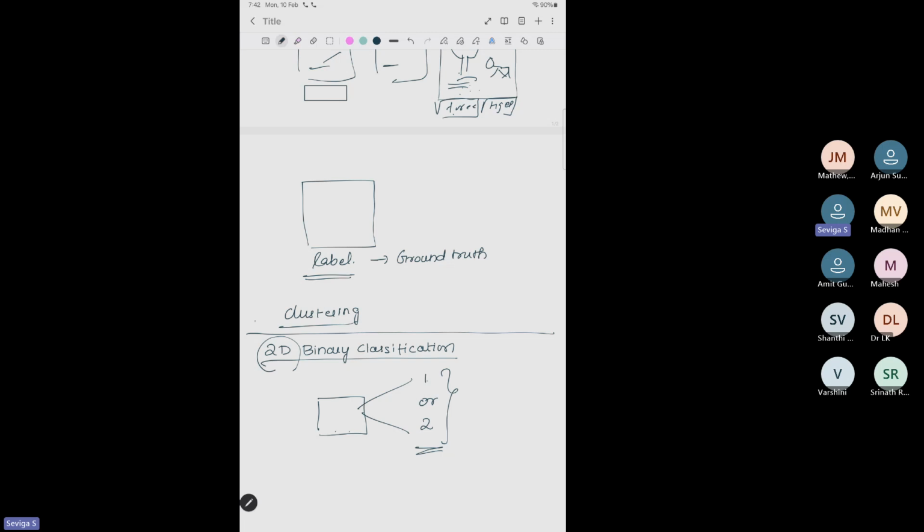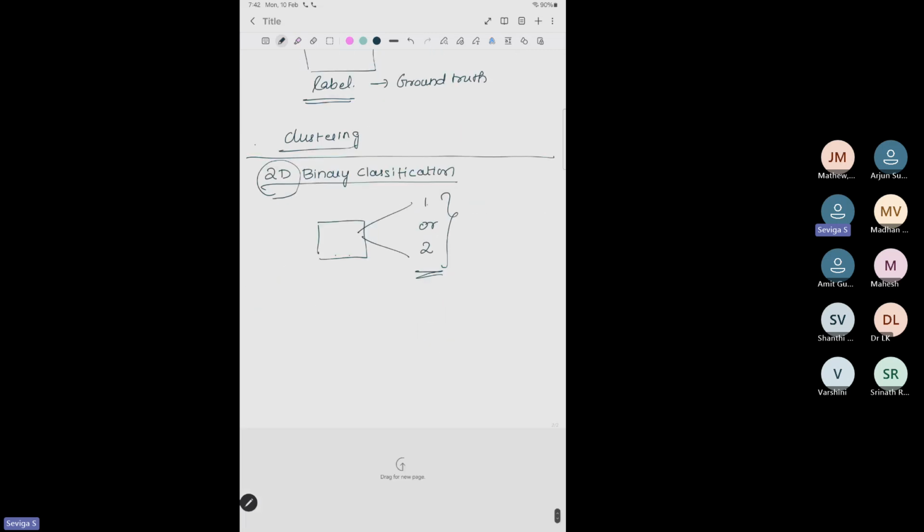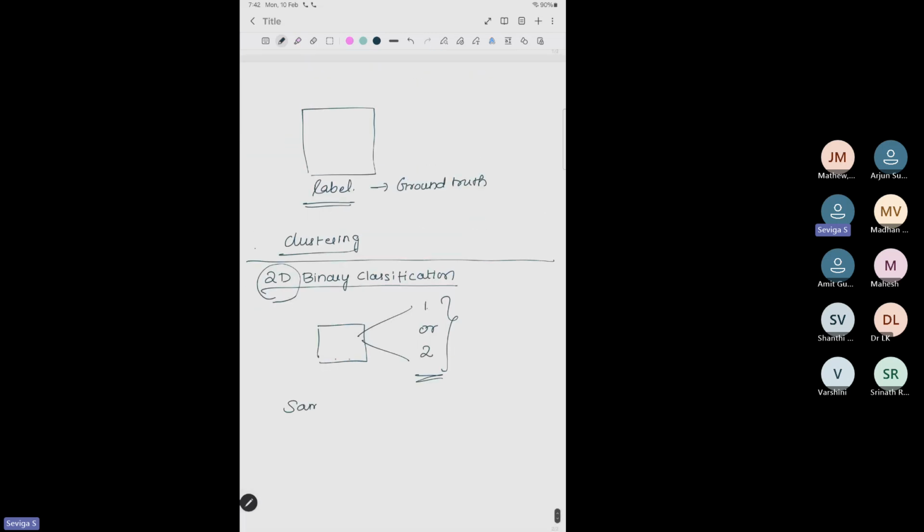Then why do we call it 2D binary classification? Each sample has two features, for example X and Y values, or height and weight measurements. So it has only two features for every sample. So 2D binary classification means a sample which has two features and two output labels.